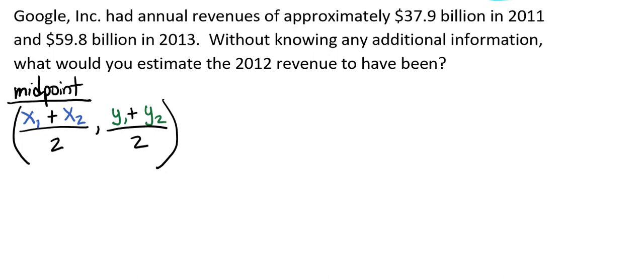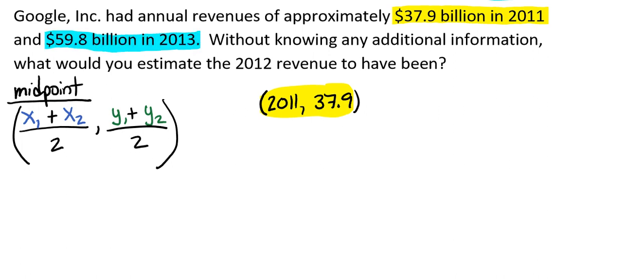So we're going to take our numbers. First, we have 37.9 billion in 2011, and we're going to write that as 2011 and 37.9 billion. So there's that first ordered pair. Then we've got 59.8 billion in 2013, which we will rewrite as 2013 and 59.8 billion.